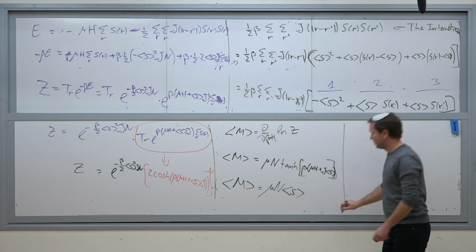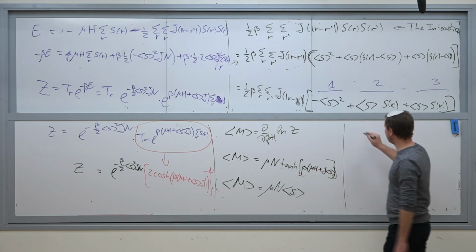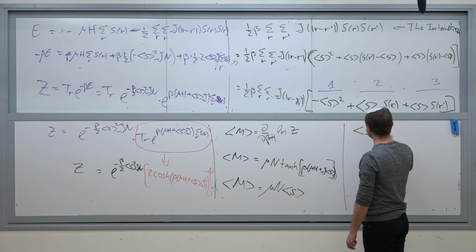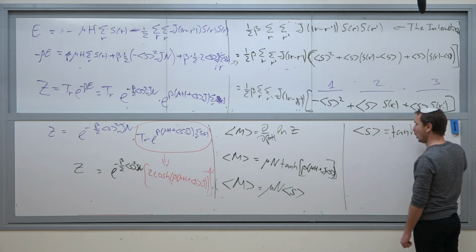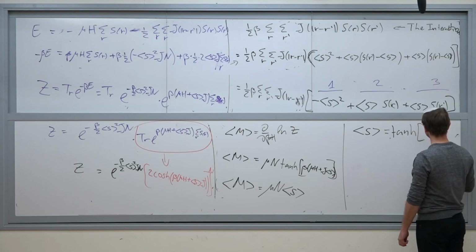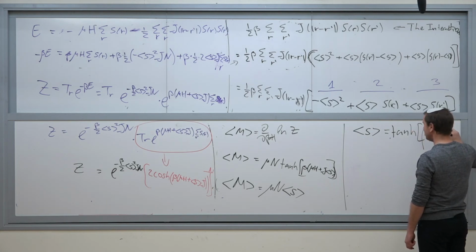So from those two equations, average s equals hyperbolic tangent of beta mu h plus J s.